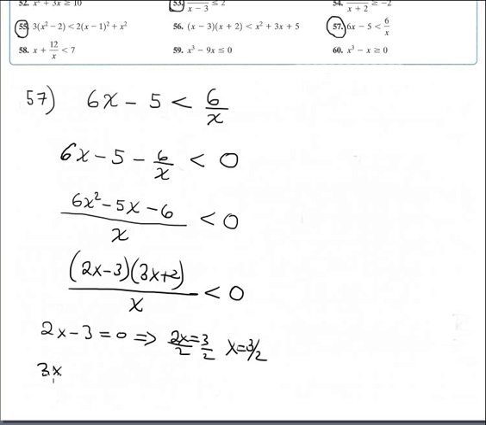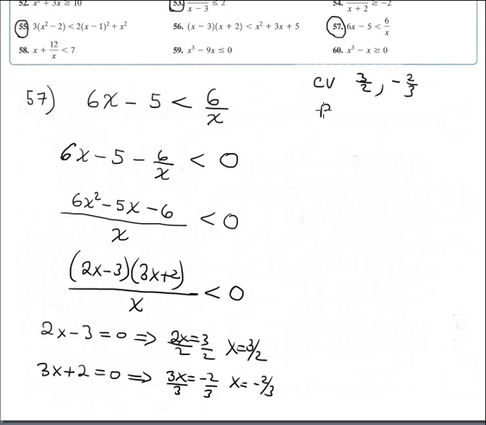And 3x plus 2 equals 0. 3x equals minus 2, divided by 3, x is equal to minus 2 over 3. Okay, this is the critical value. So the critical values are 3 over 2 and negative 2 over 3.